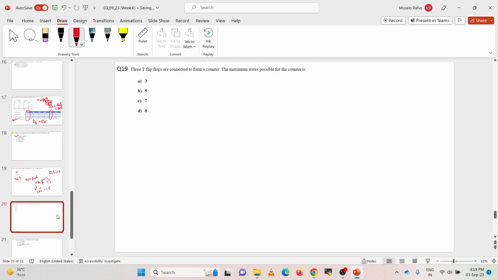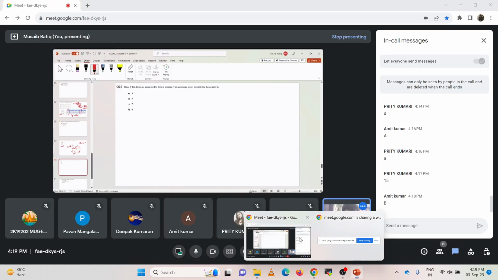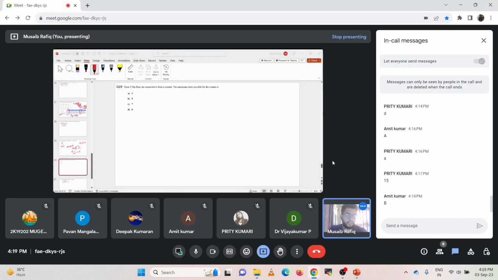Now question number 19. It states that three T flip-flops are connected to form a counter. The maximum states possible for the counter is. So what will be the maximum number of states possible for the counter?